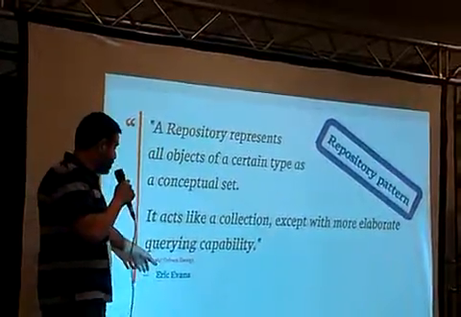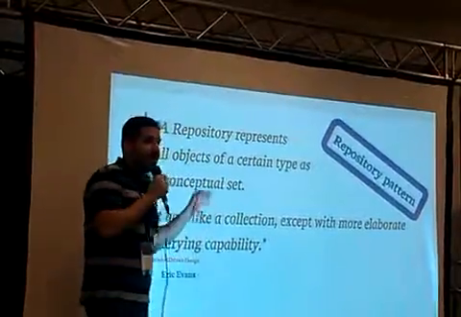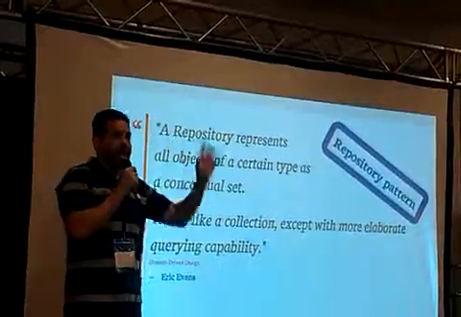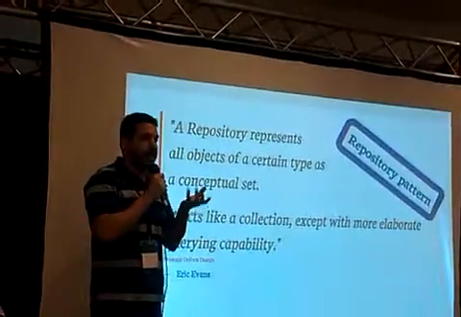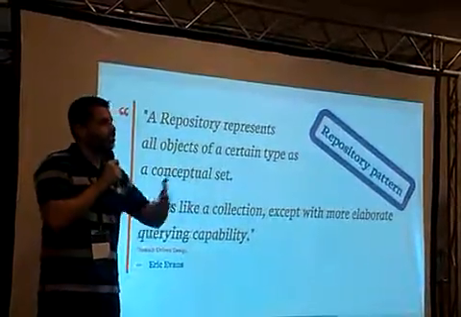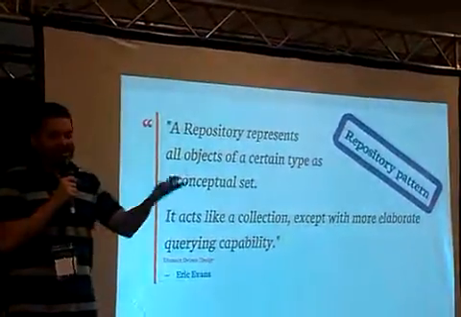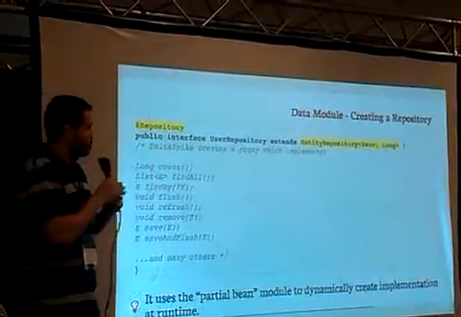Well, Eric Evans said in his domain-driven design book that this repository pattern is a collection of objects of the same type. Like, for example, car repository is, of course, a repository of cars. User repository is a collection of users.